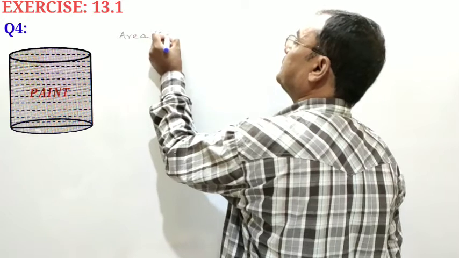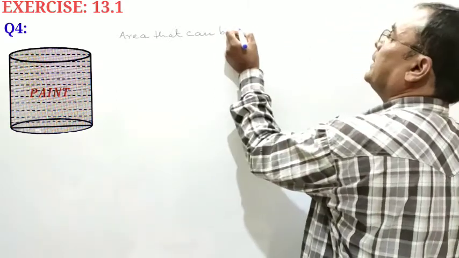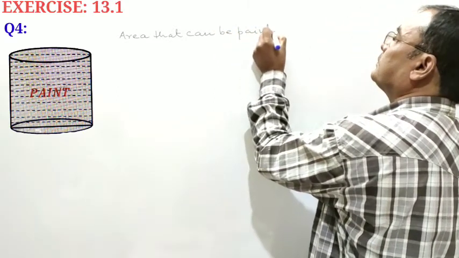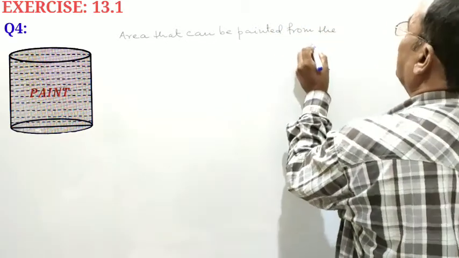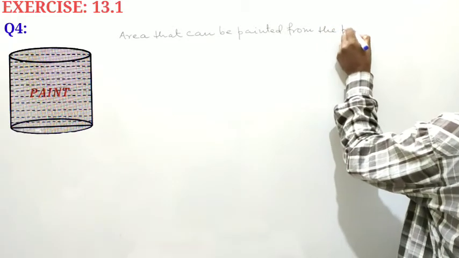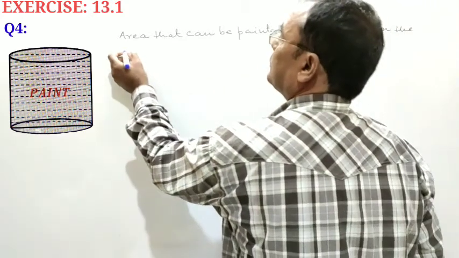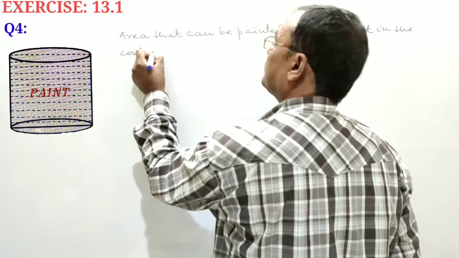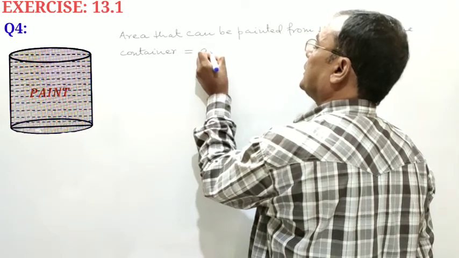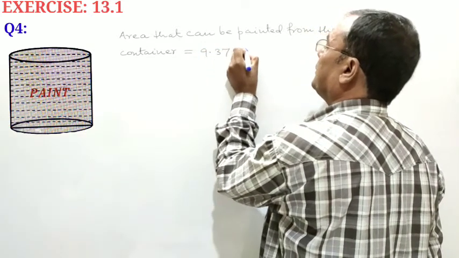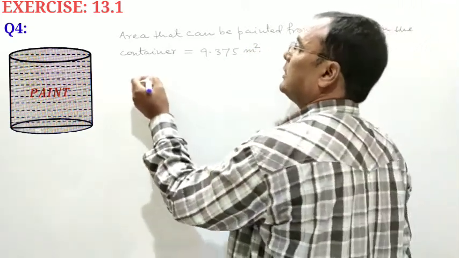Area that can be painted from the paint in the container is equal to 9.375 meter square.